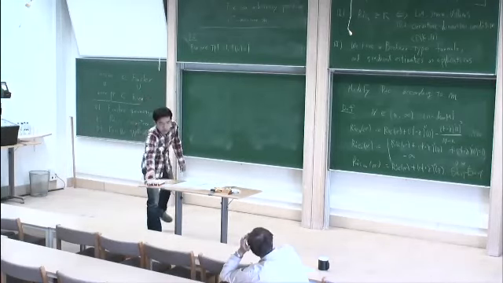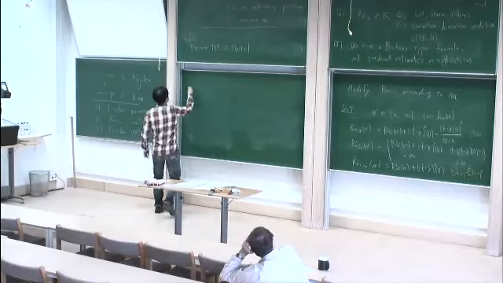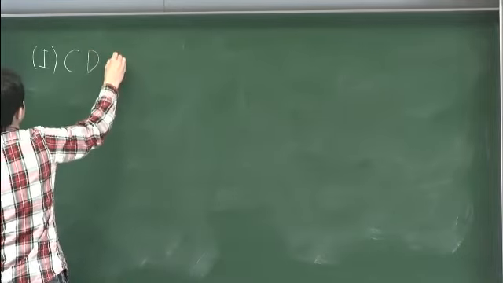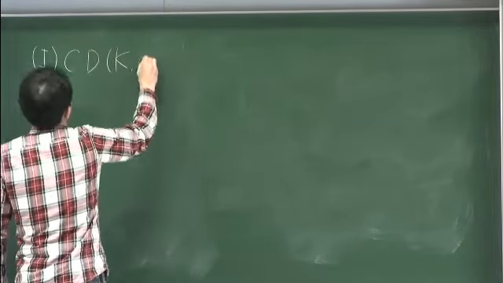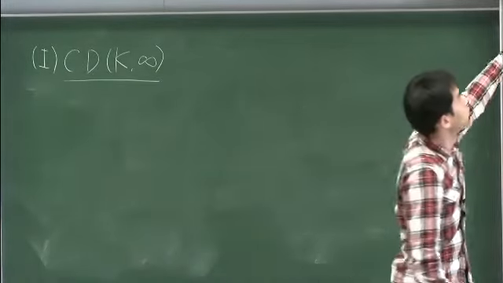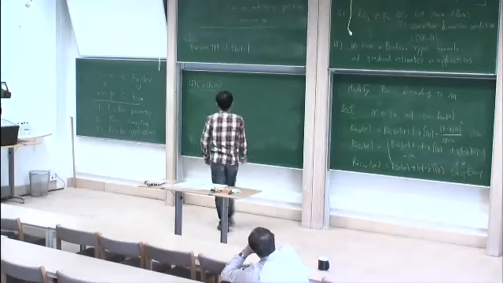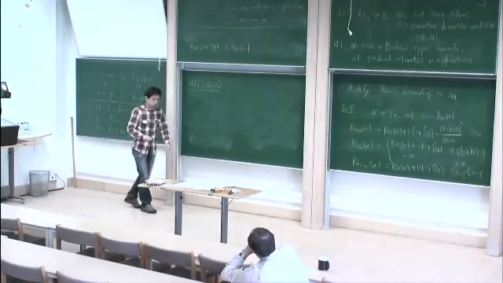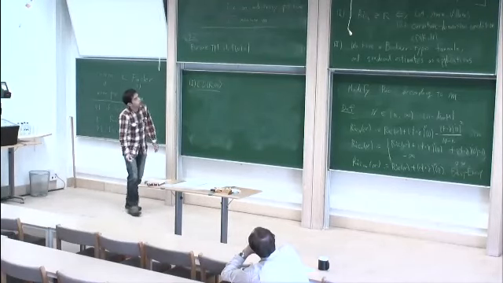For general N it's a bit complicated, so we just consider only infinite dimensions here. And as I said, this is the weakest bound because Ricci infinity is the largest quantity. So this is due to Lott-Villani and Sturm.